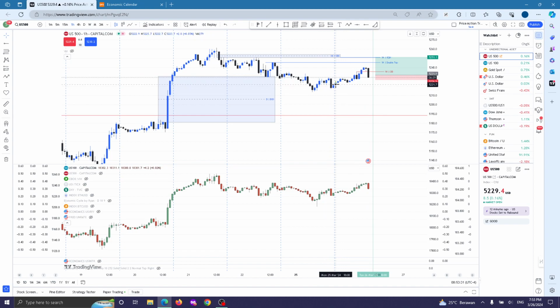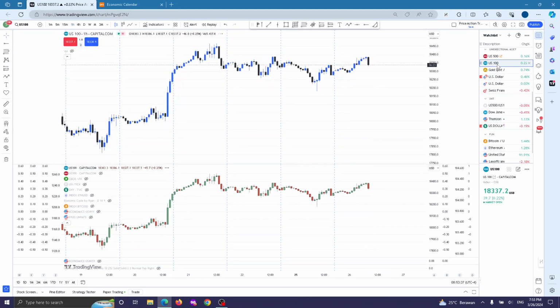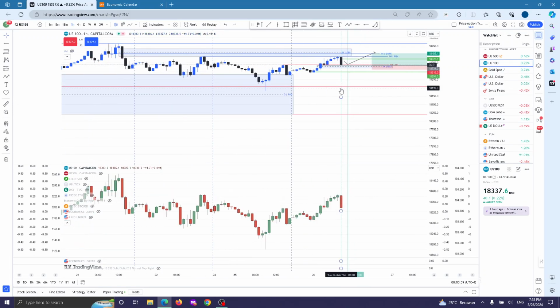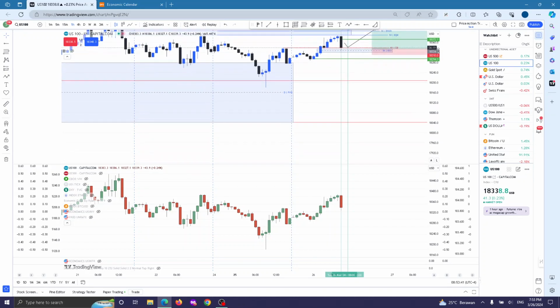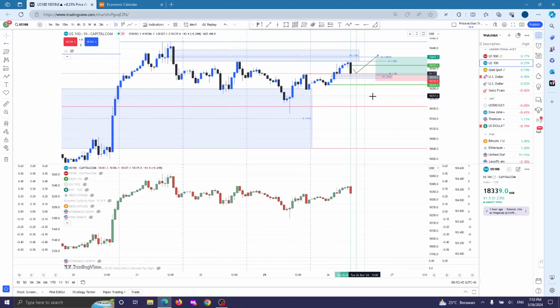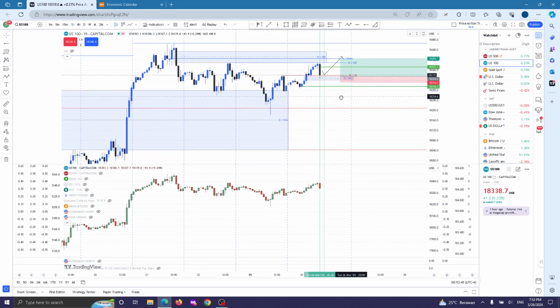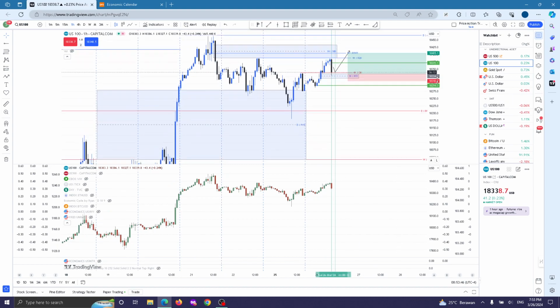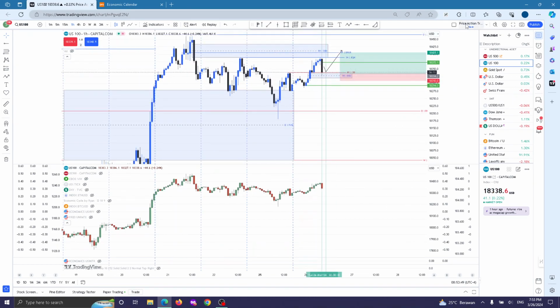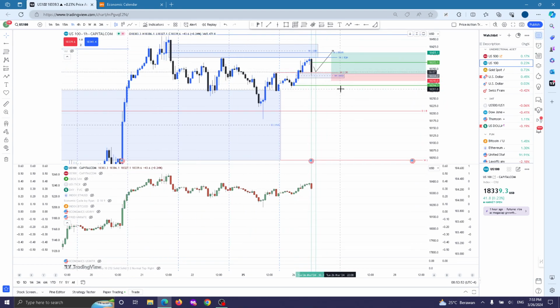If price were to go here, then we'll have an SMT. Okay. We're struggling here, accumulating longs.